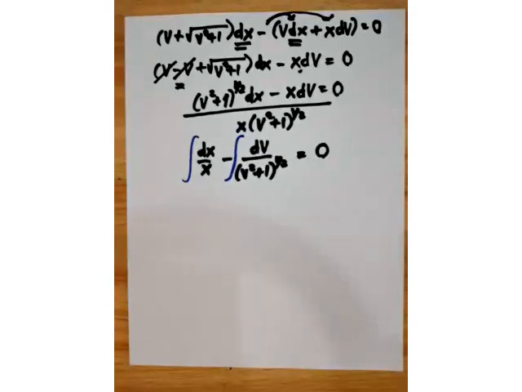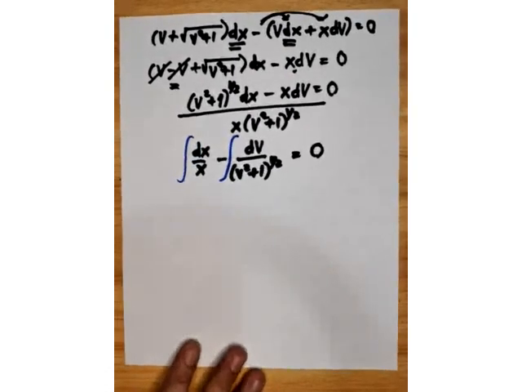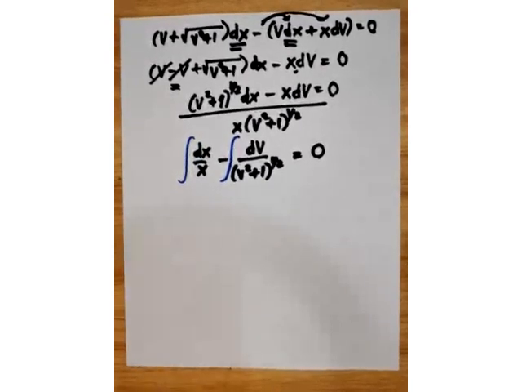How are we going to integrate dv over v squared plus 1 times the square root of that one? Did I get the conditions right? Yes, that's right. Any idea? Anyone? Any suggestion on what integration technique we should be using?